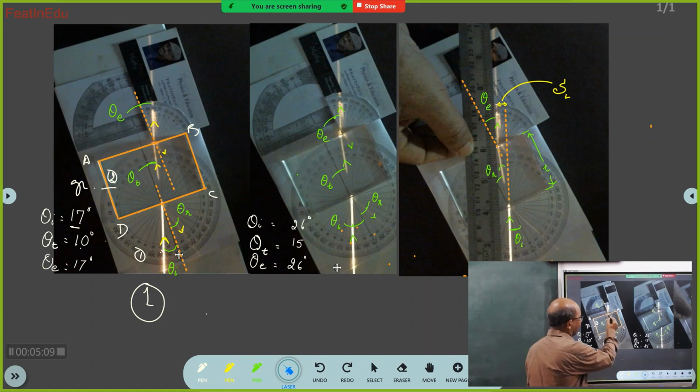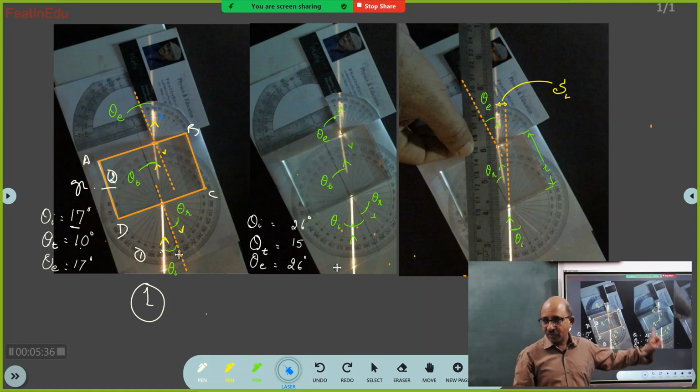Again, the same ray of light is traveling through the glass, and then it will travel back to the air. So here it is going from optically denser medium to optically rarer medium, and therefore this ray, which would have traveled like this, is moving away from the normal.